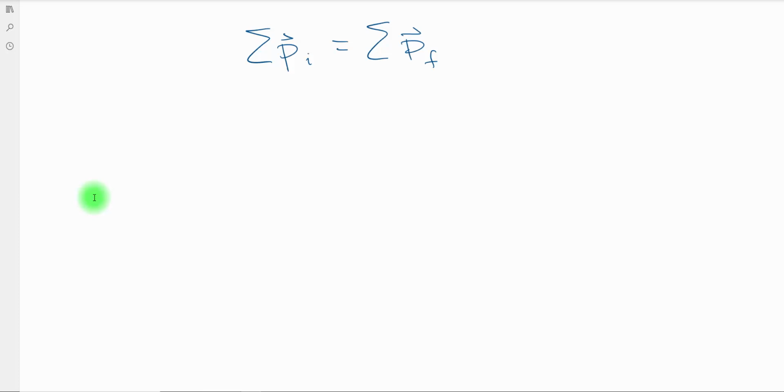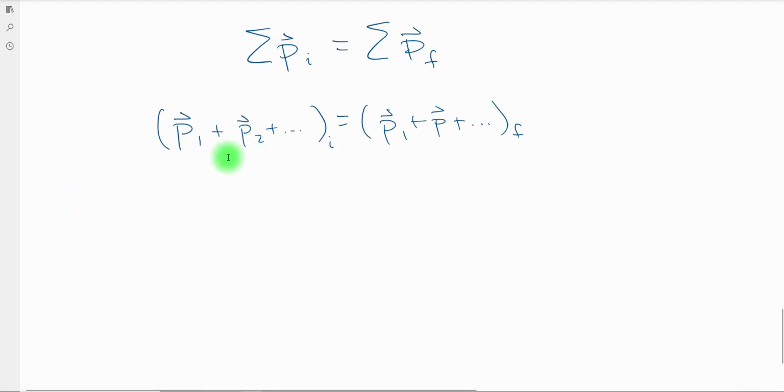And since momentum is mass times velocity, we can expand this equation and say that it's going to be P1 plus P2 plus dot, dot, dot, initial, is going to be equal to P1 plus P2 plus dot, dot, dot in the final scenario.